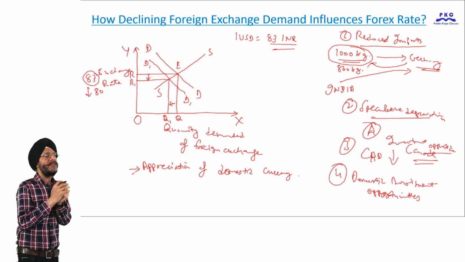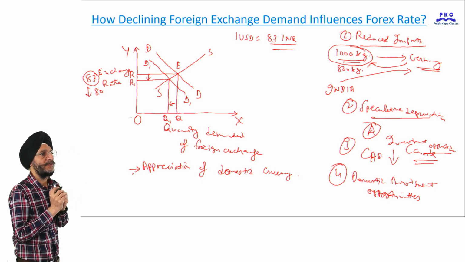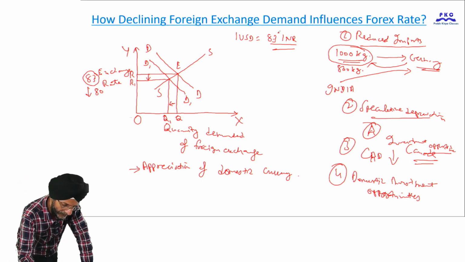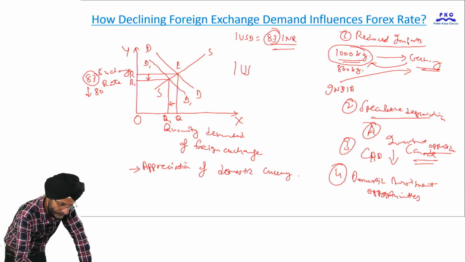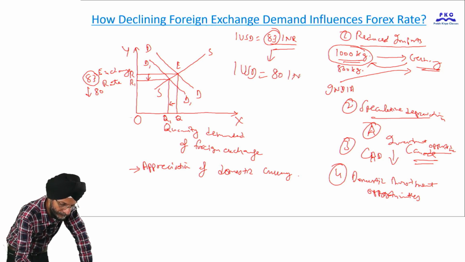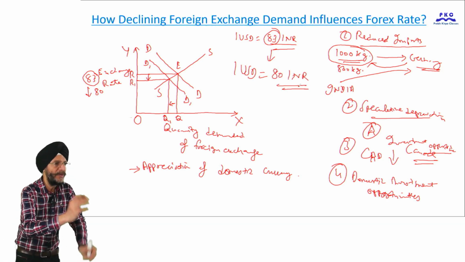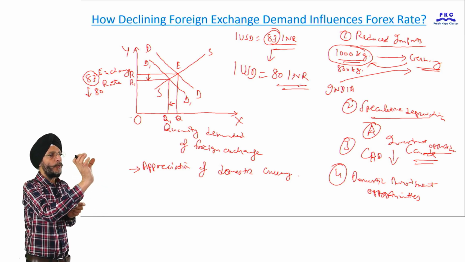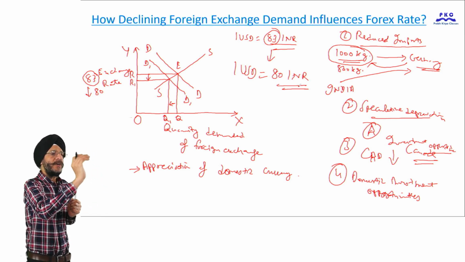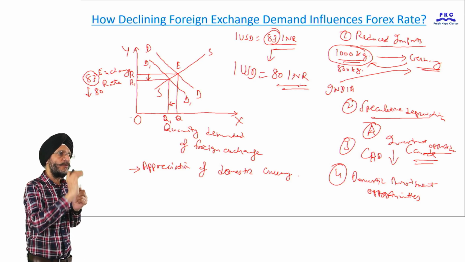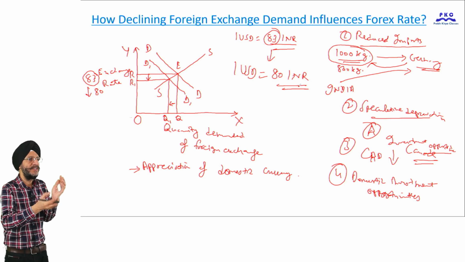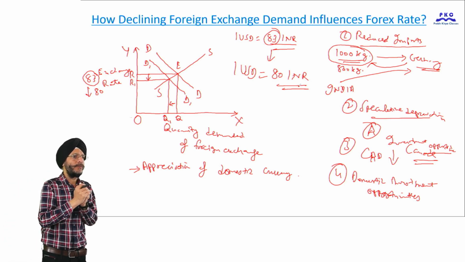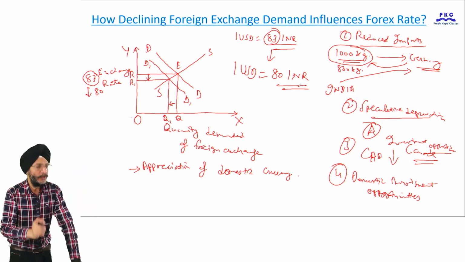Because earlier to get 1 US dollar we used to pay 83. Now to get 1 US dollar we have to pay only 80. We are from India. If we want to purchase 1 US dollar, now we will have to pay only 80 rupees. So there is appreciation of domestic currency from our point of view, from the Indian point of view.